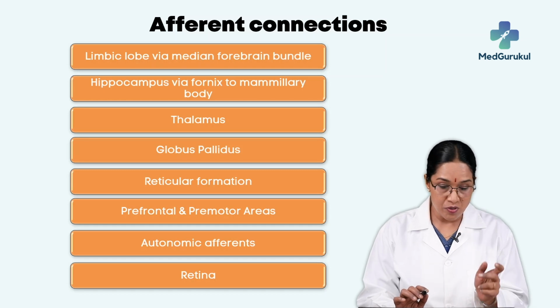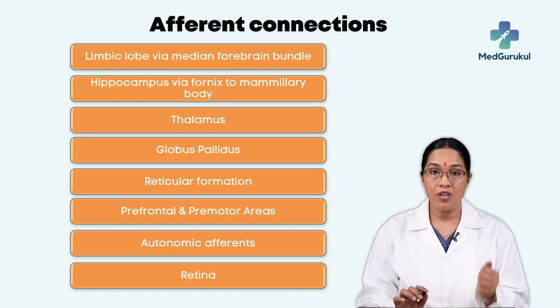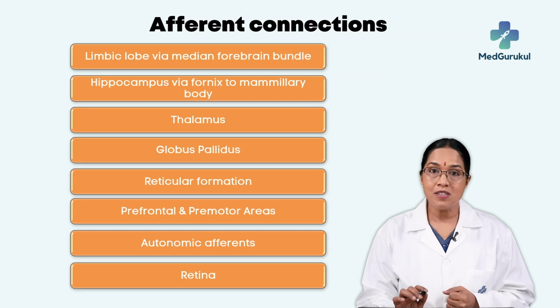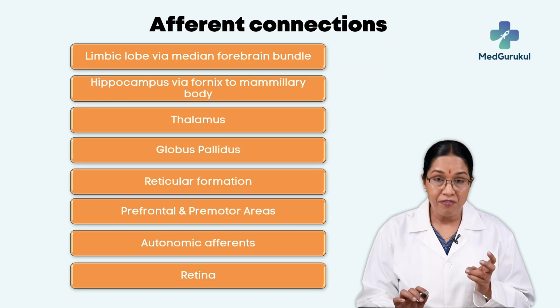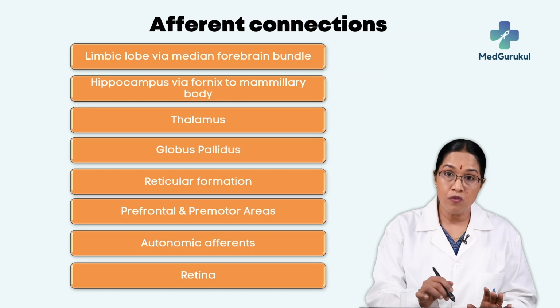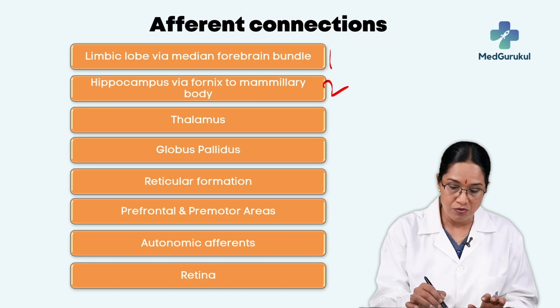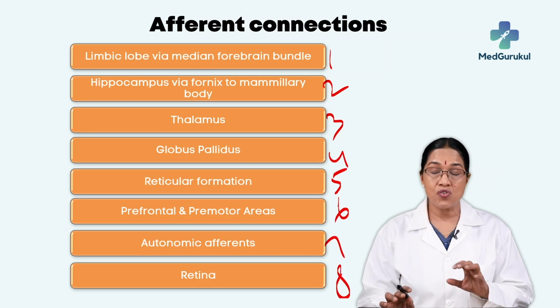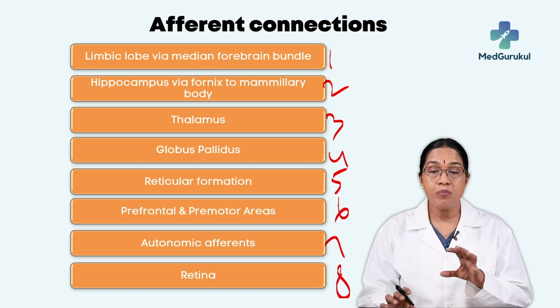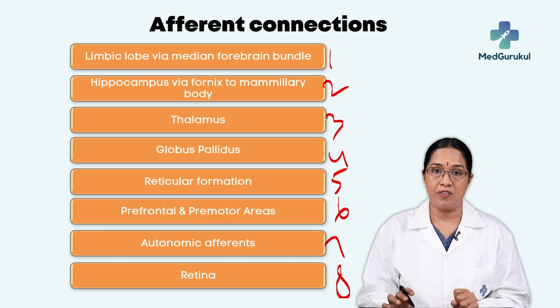The hypothalamus receives inputs from the thalamus, reticular formation, globus pallidus, prefrontal area, premotor area, autonomic afferents, and also the retina. So, from all these 8 structures or areas, the hypothalamus is receiving input.